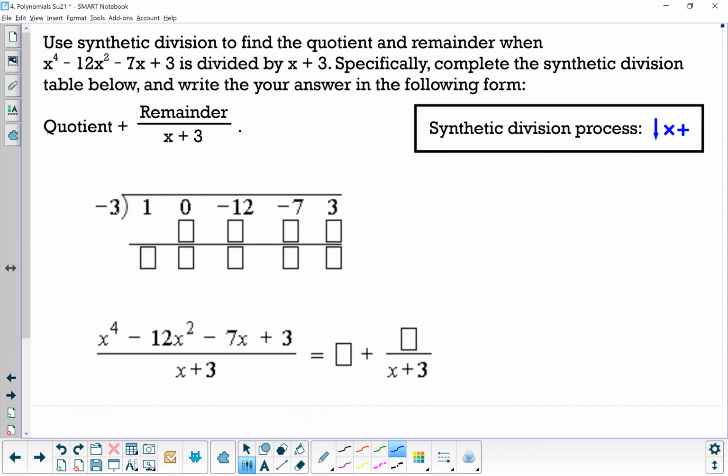So here we see we're starting with the 1, bring down the 1, then multiply 1 by the negative 3. So you get negative 3.